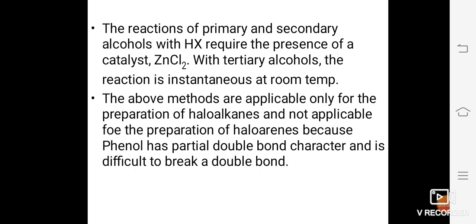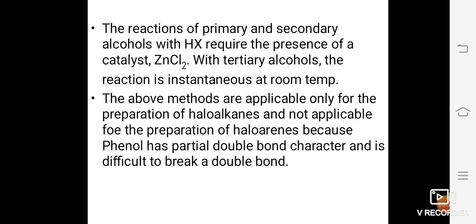The reactions of primary and secondary alcohols with hydrogen halide, HX, require the presence of a catalyst, that is zinc chloride.